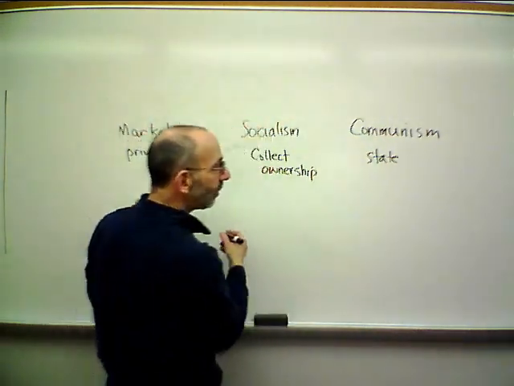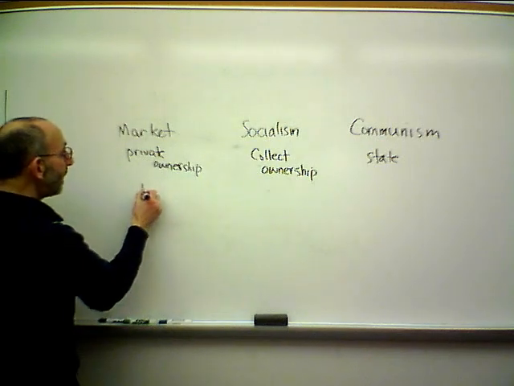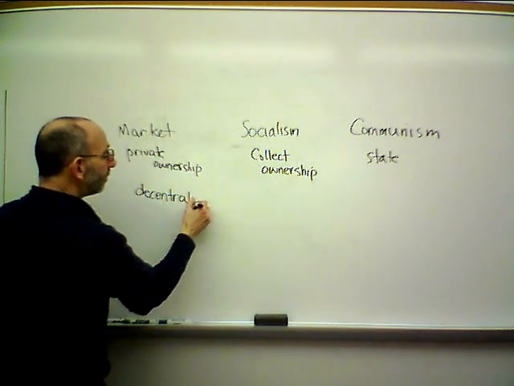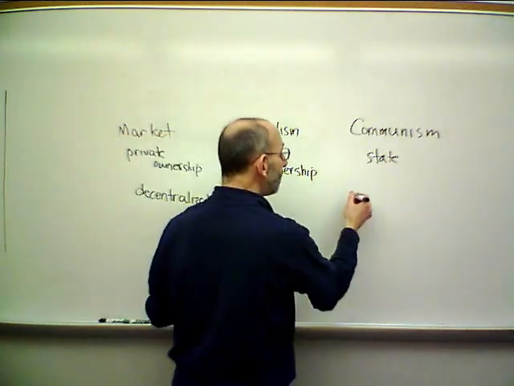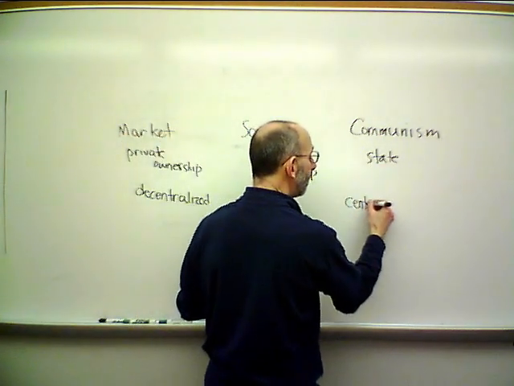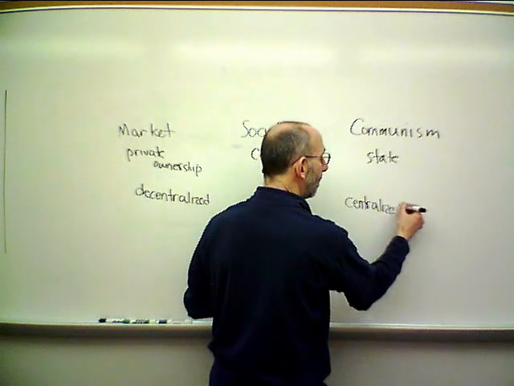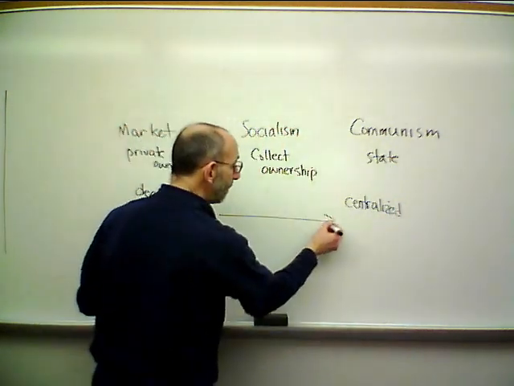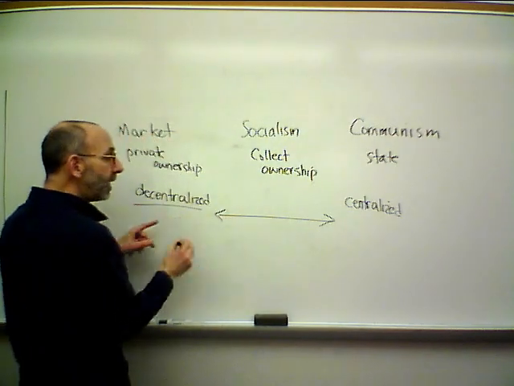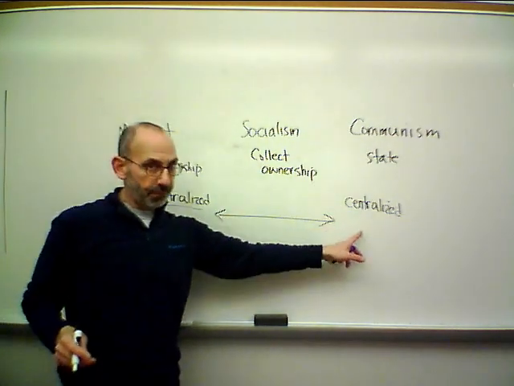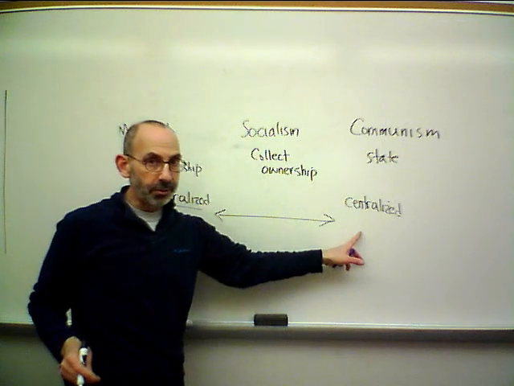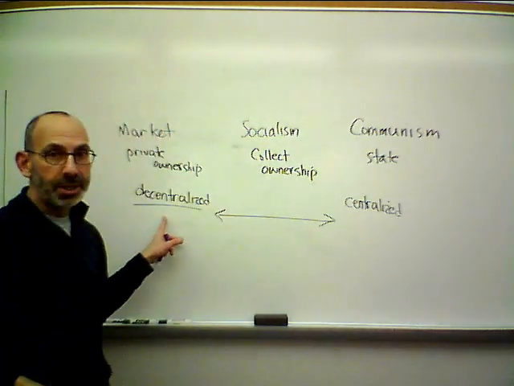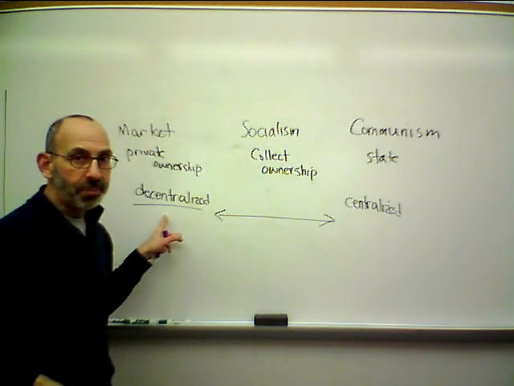Here, we'd like to think the market would be more decentralized, and this would be more centralized. Apart from any particular ideology, from an economic perspective, it's very hard for a group of few individuals to actually know the preferences of large populations of people.